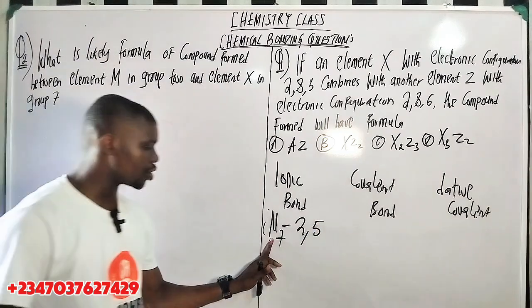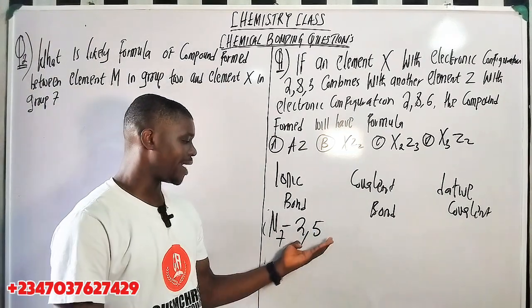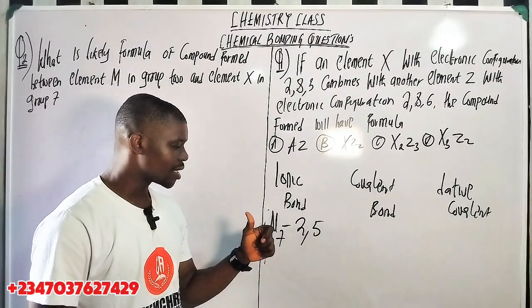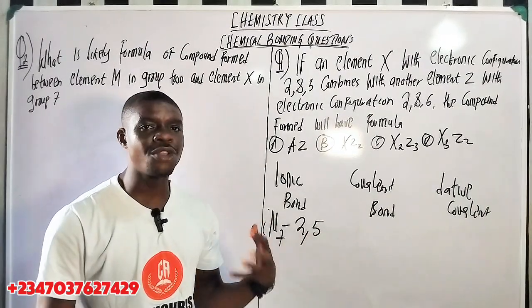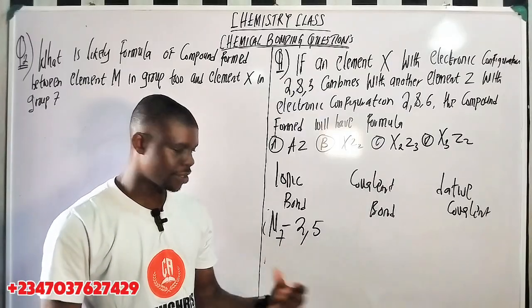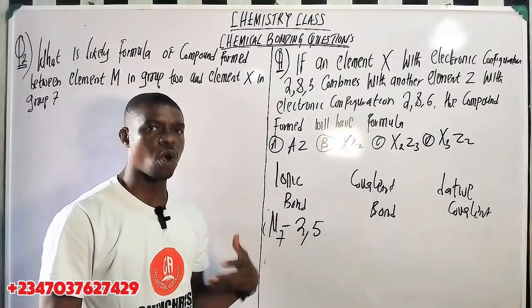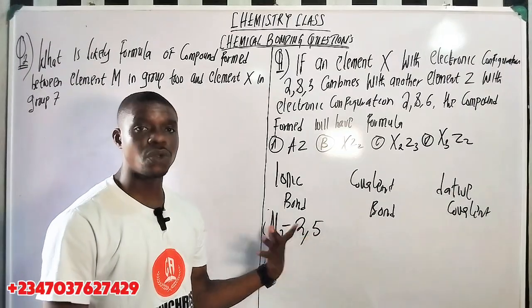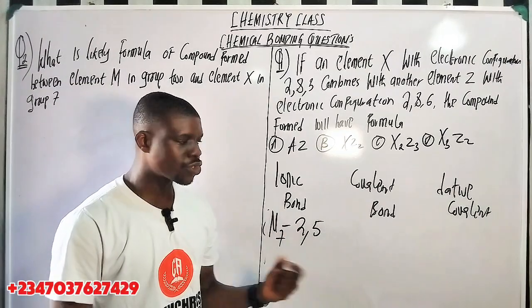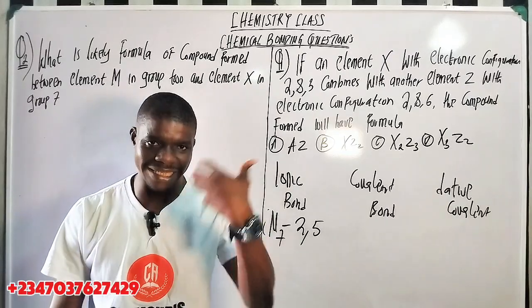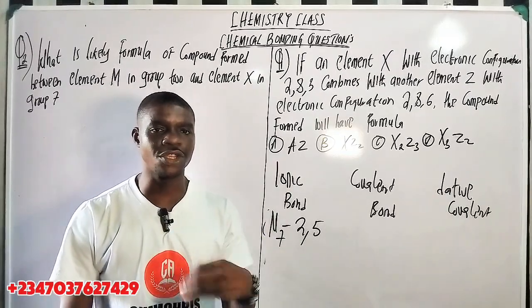Now nitrogen wants to have 8 electrons in the outermost shell, but we only have 5. How many electrons does it need to gain? Is it going to gain or lose? It can't lose, it has to gain. So this one has to gain 3 electrons in order to obey the octet rule.